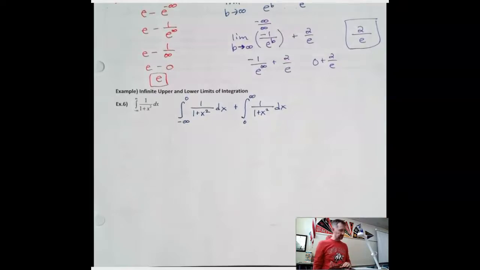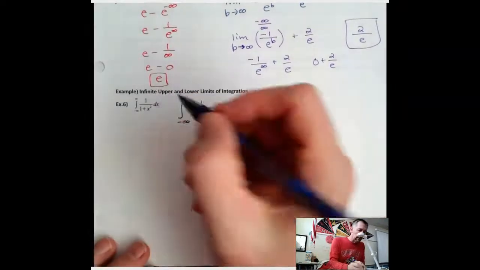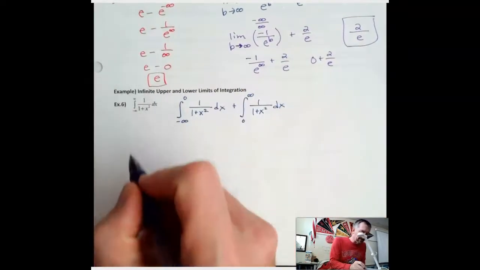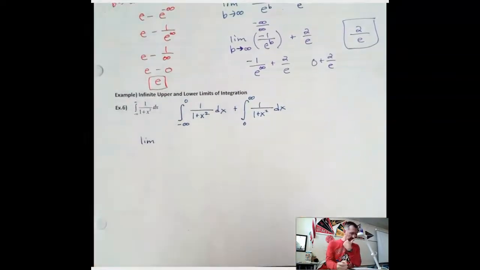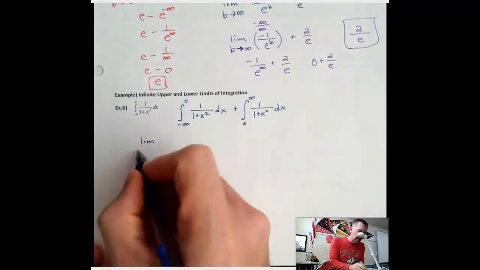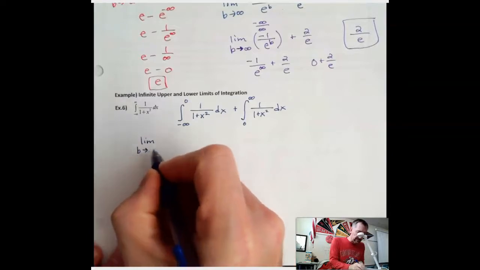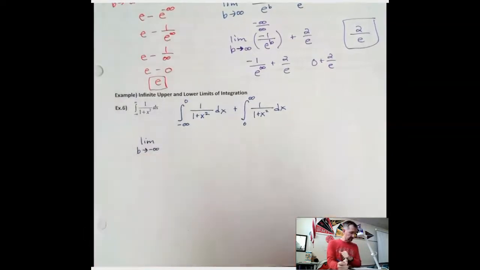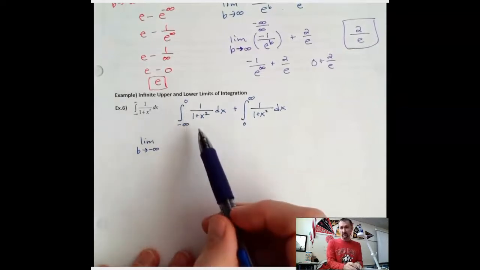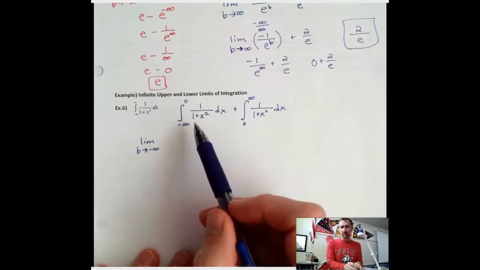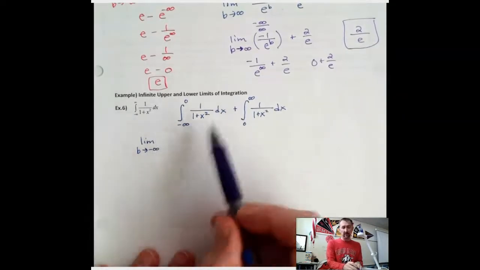So we want to take the limit. I'm going to do 2 steps at the same time. So I'm going to take the limit as b approaches negative infinity, but I don't want to write this out again. So I'm just going to go ahead and integrate it now and put the b in.